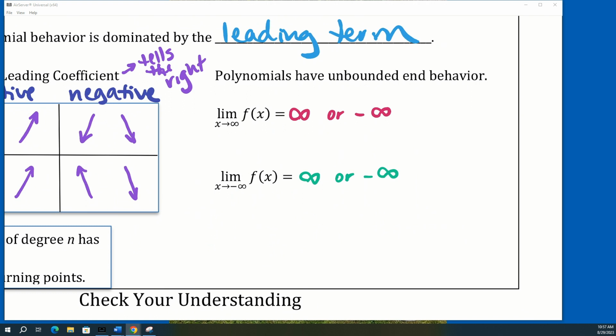I do want to add a little note that when you're finding the limit as x approaches infinity, that's what's happening on the right side. And when you're finding the limit as x approaches negative infinity, that's what's happening on the left side.